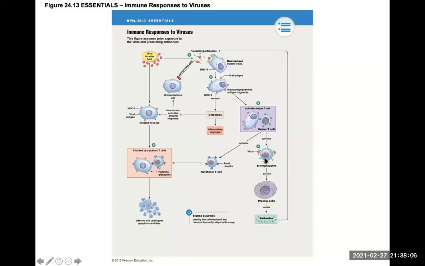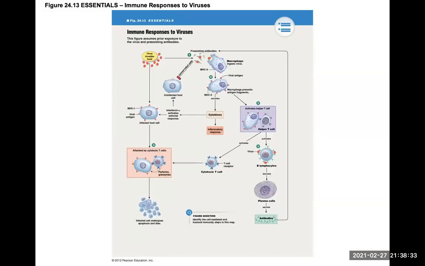From there, the T cell receptor and the CD4 protein on the helper T cells interact with the MHC2. The T cells then secrete cytokines. The cytokines are then going to activate the B lymphocytes and the cytotoxic T cells, helping with differentiation.